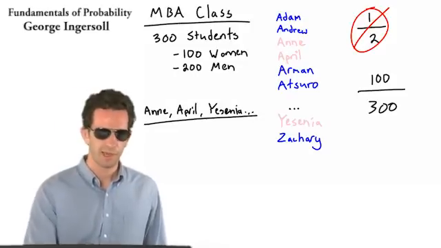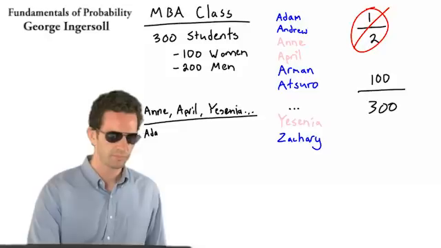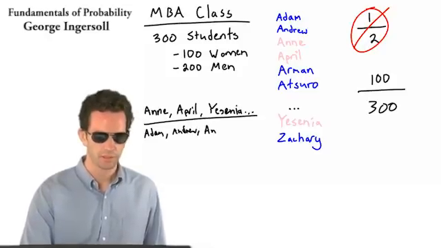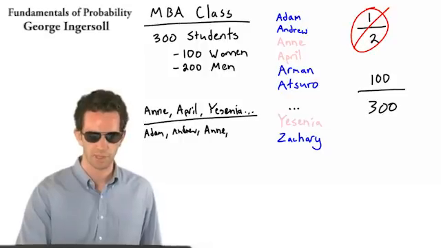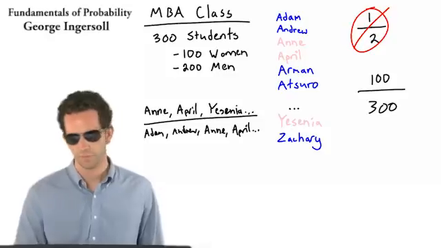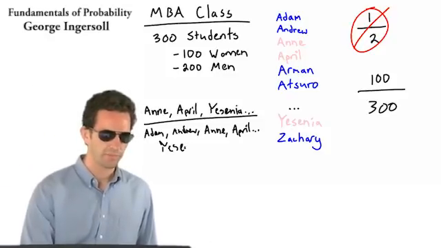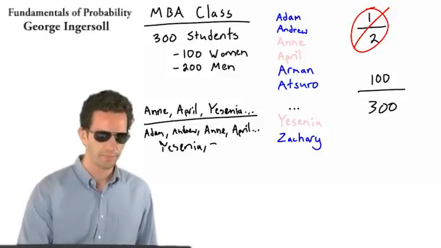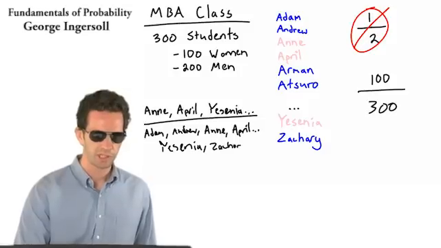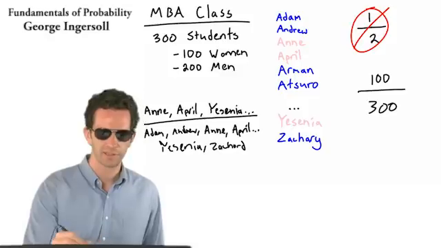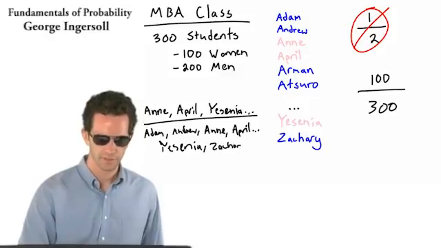On the bottom you have Adam, Andrew, Anne, because this is all our total possible outcomes, April, all the way through Yesenia and Zachary. So there's an important distinction.